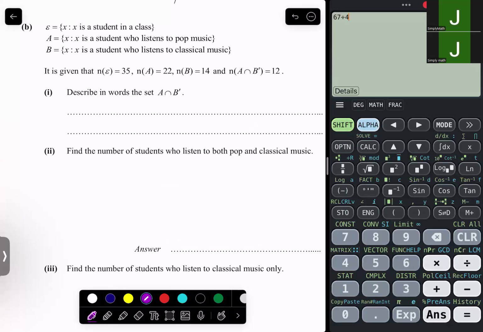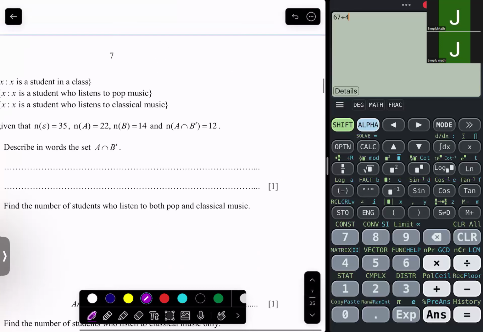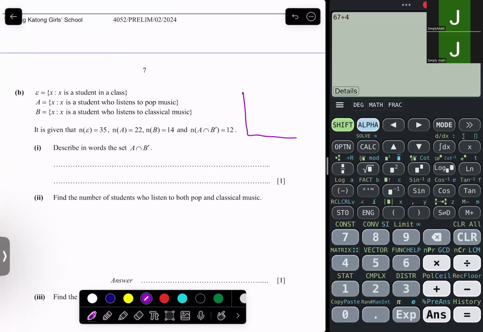So A intersect B complement, how does it look in the first place? A simple diagram will answer your question. You can draw it yourself. A, B. A is this portion. B complement is this top portion. A is the fill, B complement is the cross.